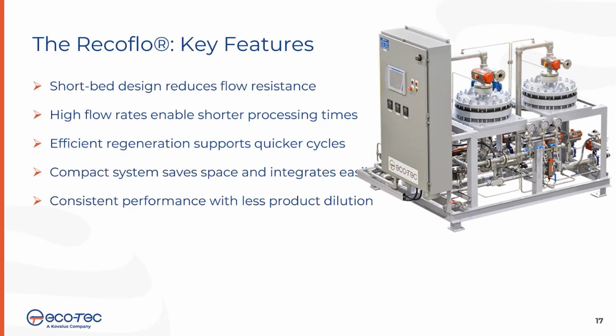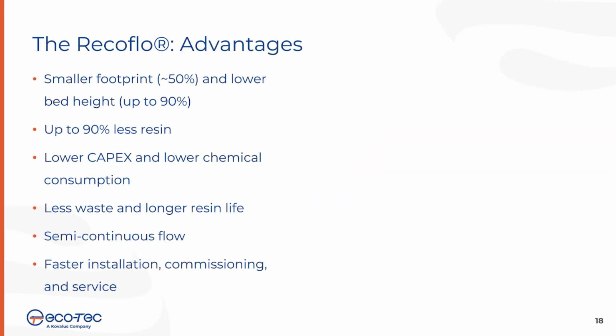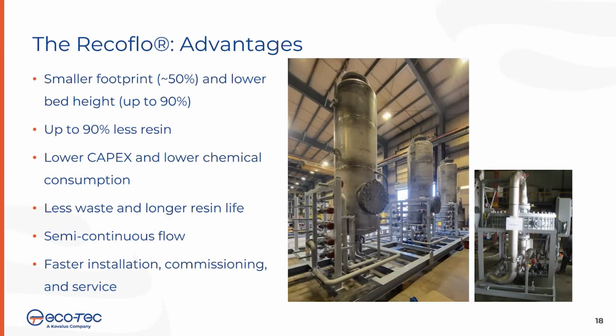And here's how those features result in practical plant-level advantages. From a full-scale system perspective, the benefits are straightforward. A smaller footprint and less resin, which drive lower capital requirements through a smaller vessel and reduced installed complexity. Here you can see a conventional ion exchange softener we built and shipped to a customer.